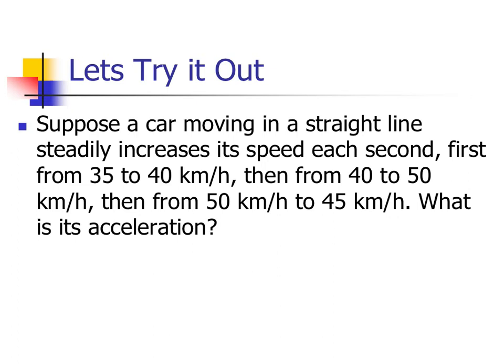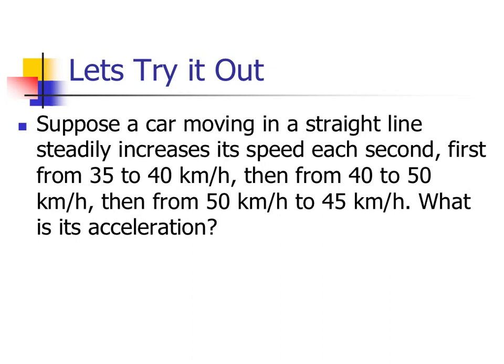Then from 50 to 45 also happens in 1 second. So what is the acceleration? Now, one method you could use to solve this problem would be taking and adding all of the accelerations up and then dividing by the total number of accelerations, basically finding an average.